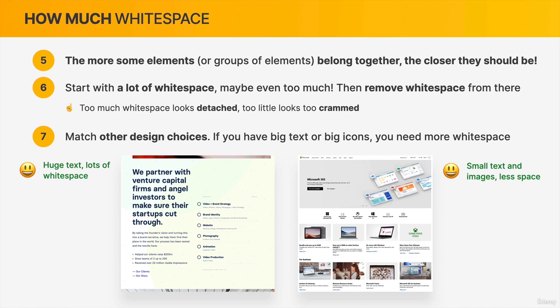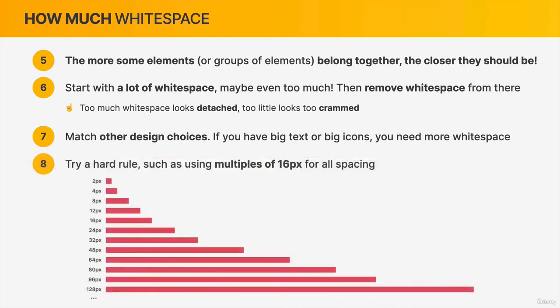And now finally, when it comes to actually choosing the values for your white space in CSS, you can try to follow a hard rule just like we have been doing with the font sizes. Of course, you should not use the same rule as we used in typography, because that one is specially adapted for text.